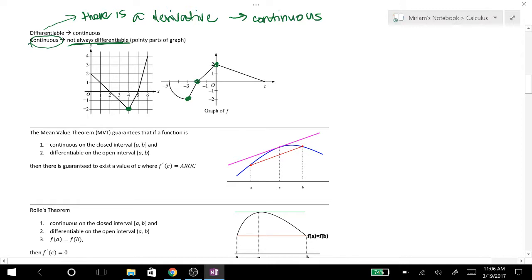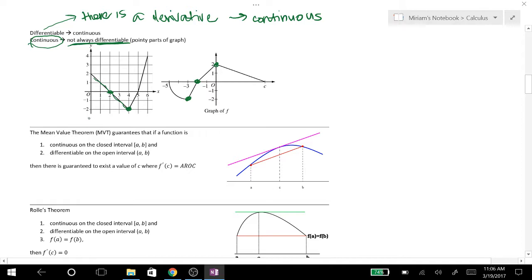Now you're like, why? Well, a derivative means, remember this, the slope of a tangent line. So if I look at the slope of this first line right here, if I take 2 points from it, this guy and this guy, the slope would be down 2 over 2.